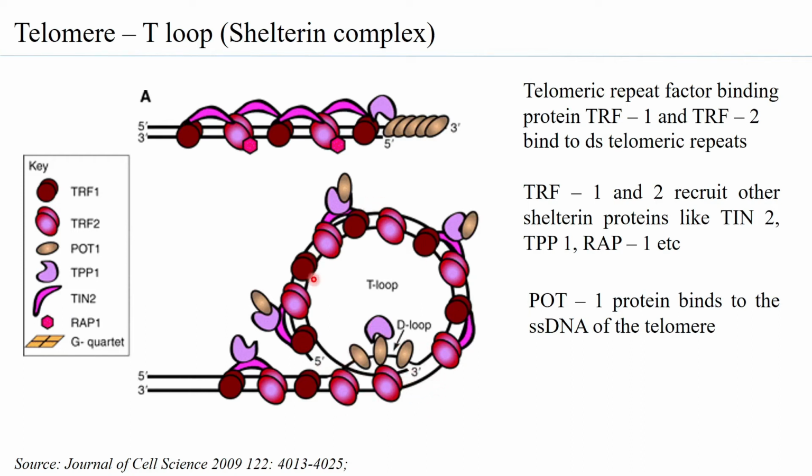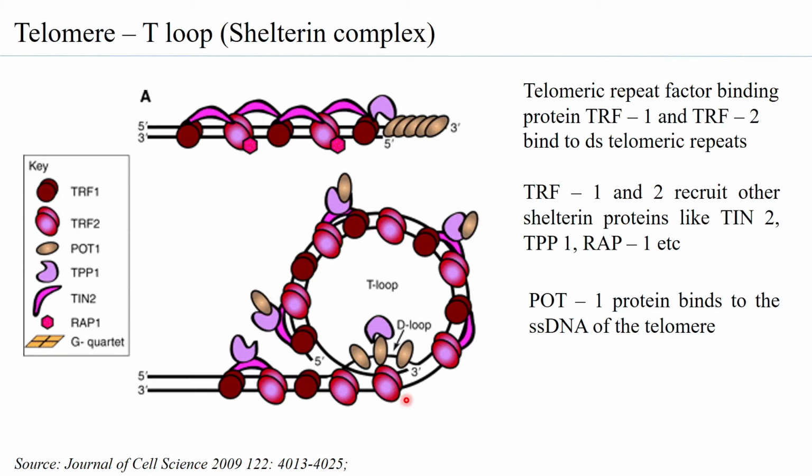The rest of the telomere, that is the double-stranded region, also is bound by the different proteins of the Shelterin complex. So the entire telomeric region, you must understand, is bound by the proteins of the Shelterin complex. So you have these telomeric ends being protected by the Shelterin complex, okay?